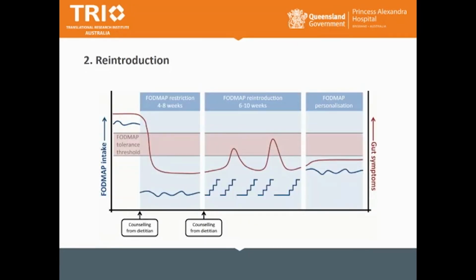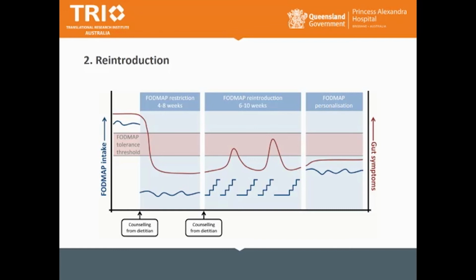So what happens is we have patients do the low FODMAP diet for 4 to 8 weeks. You can see this is the FODMAP intake here represented by the blue line at baseline, and then while they do the diet, the FODMAP intake goes really low to see whether we can help improve their symptoms. As I said, 50 to 80% of people get a lot better, gut symptoms go down.